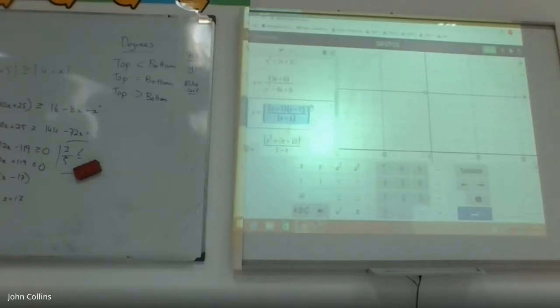Yes, negative 1, probably. Do you think it's going to have a horizontal asymptote?